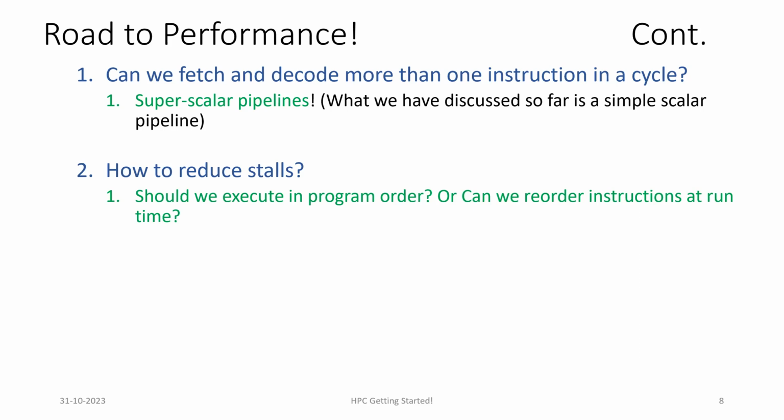So at the fag end of the pipeline, we have some extra hardware. Typically it would be a reorder buffer where the instructions get stacked up, and there we commit in order. So we fetch in order, process them out of order, and commit in order so that the correctness is still maintained.